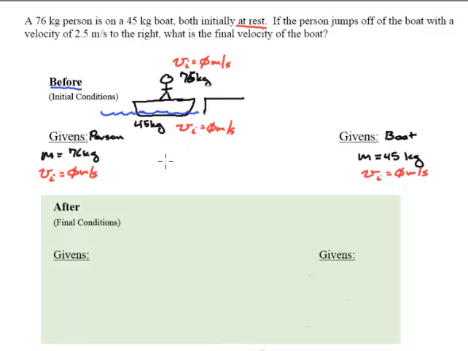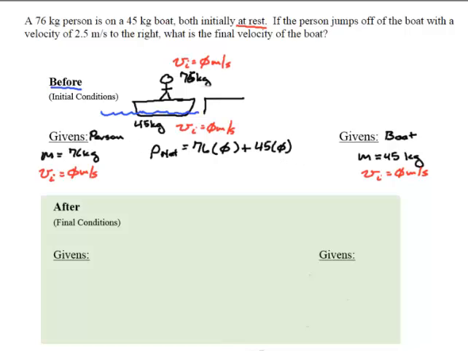Now, if I wanted to figure out net momentum, I simply take the mass times velocity of the person plus the mass times velocity of the boat. So in this case, it equals 76 times 0, plus 45 times 0.